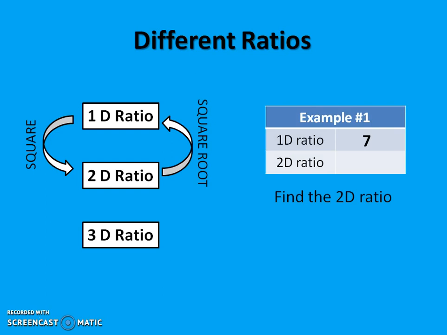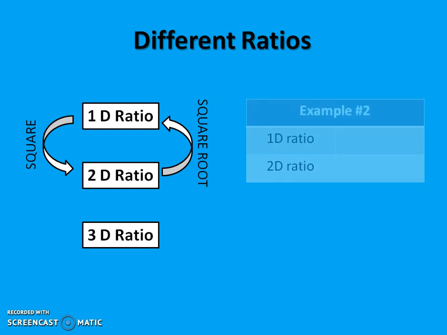So as an example, if we had the information that two shapes were related by a similarity ratio of 7, meaning that one shape was 7 times larger than the other, the 2D ratio, meaning the surface area, would be 7 squared, 49 times larger than the other.